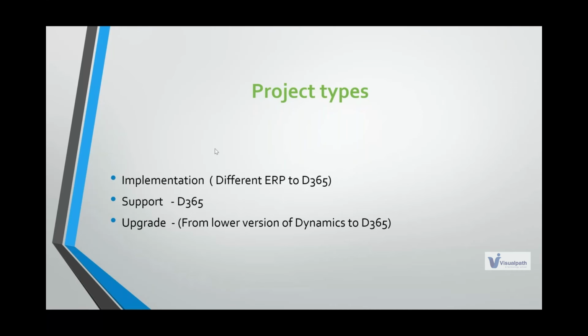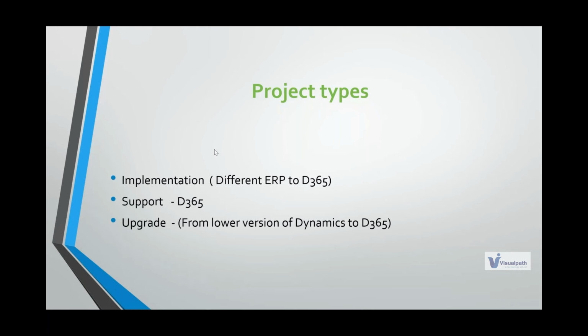You go anywhere, India, Dubai, UK, US, wherever you go, these are the three types of projects available in any organization: implementation, support, and upgrade. Implementation is nothing but the application is newly installed in that organization. Earlier they might be using some other software like SAP or something else. They want to migrate from SAP to D365 from scratch. Whatever you are doing, that is called an implementation project.